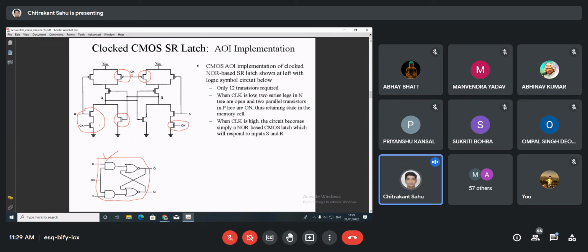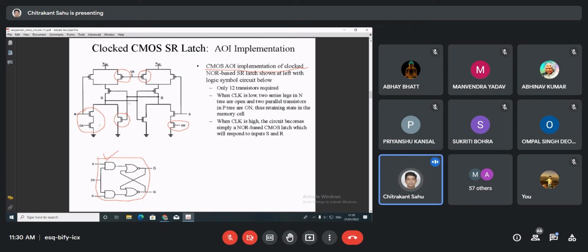That is called the CMOS AOI implementation, AND or invert. You know the series parallel combination: AND means what, OR means what in series parallel combination, and invert means what. Whenever it is required, you need to put additional transistors for the invert logic. If it is already inverted, then we need not put a CMOS inverter.